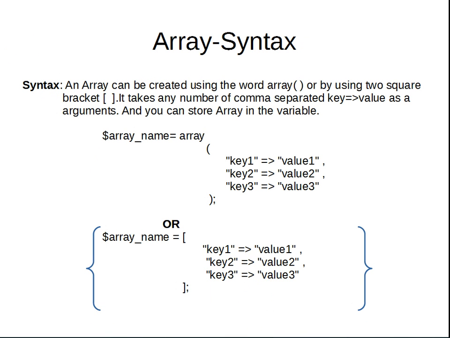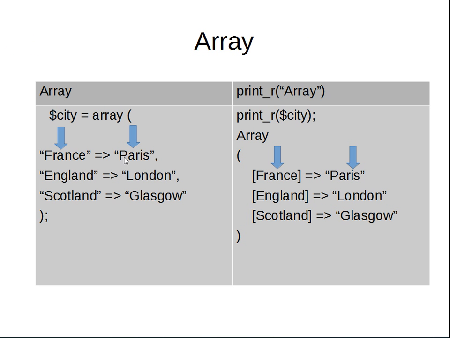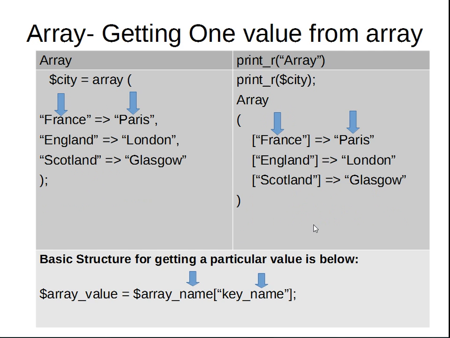So look here, this was our keys, France, England and Scotland, and this was our array in the browser, France, England, Scotland. If you notice, every key is in square brackets. So the basic structure for getting a particular value is: array name, key name.